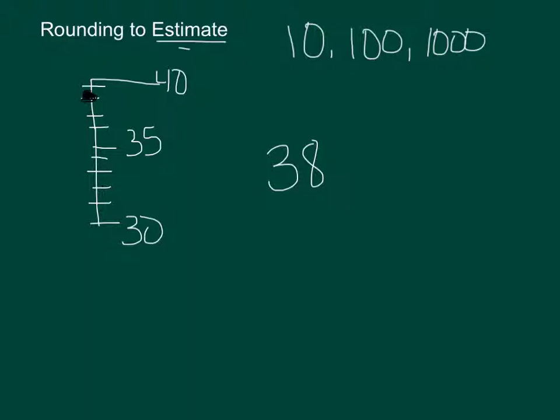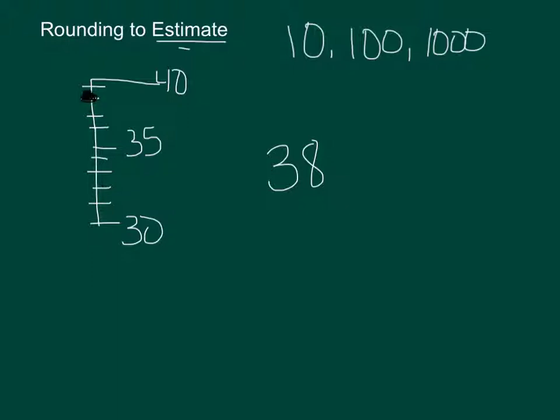Now, looking in relation to the two multiples of ten that we have, and of course our two multiples of ten are 30 and 40, because 3 times 10 is 30, and 4 times 10 is 40. How close is 38 to 30? It's not very close, is it? How close is 38 to 40? It's kind of close.